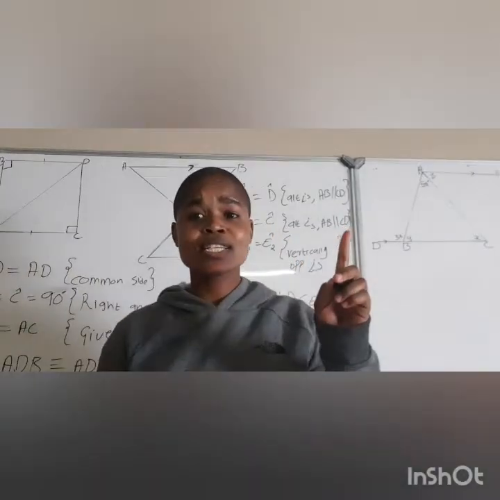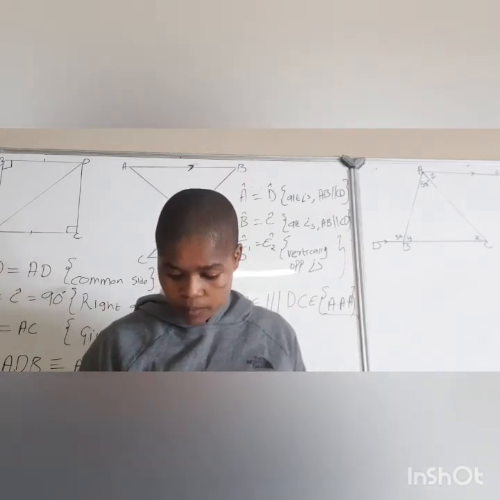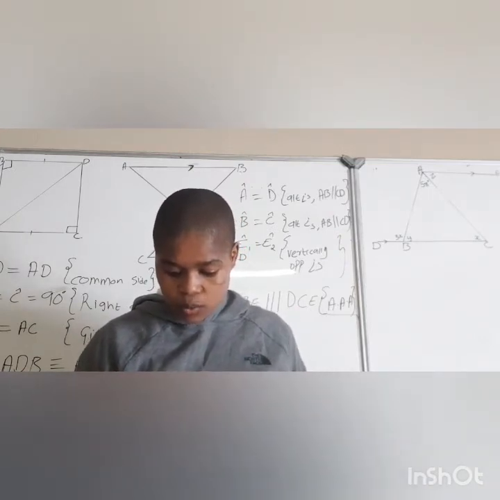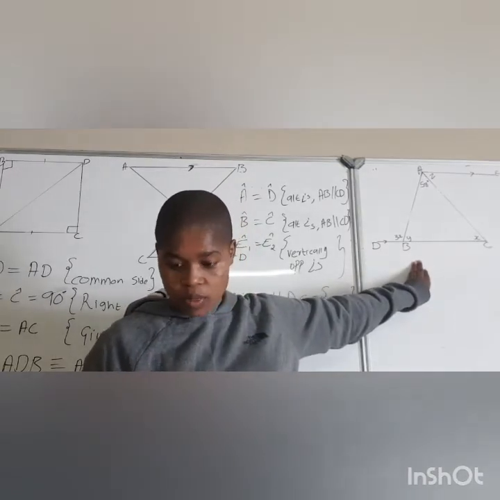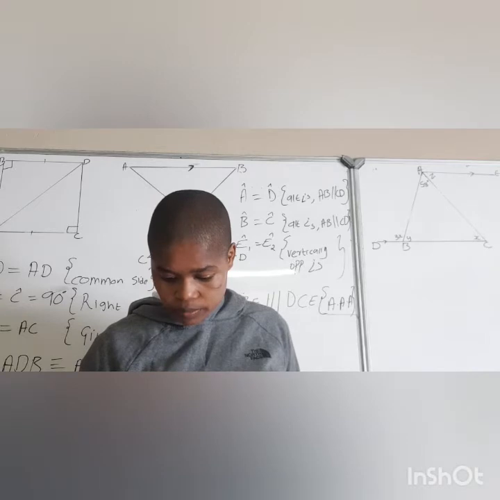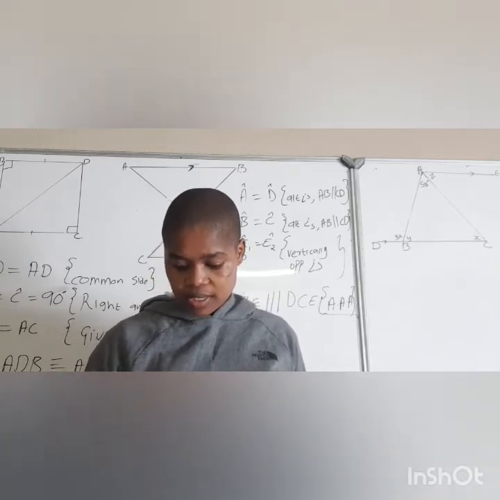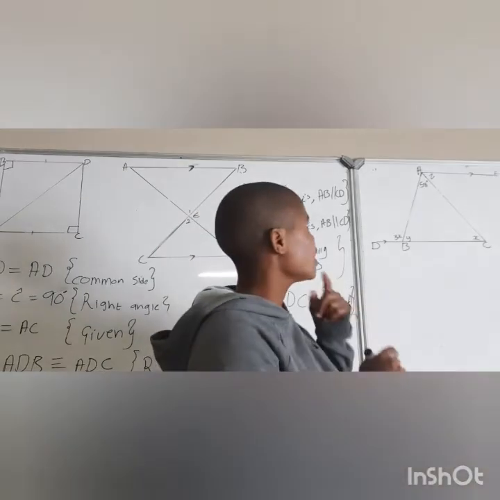Okay. Let us first read the question for those who are not here. We are given the diagram there, and they are saying determine the value of x. Determine with reasons, without using a protractor, the sizes of the unknown angles.